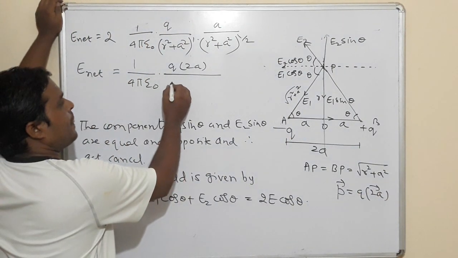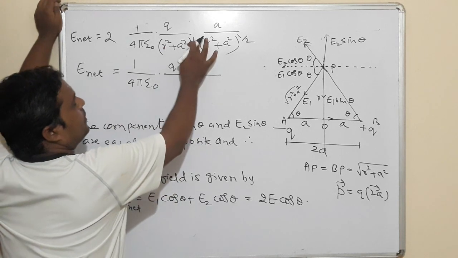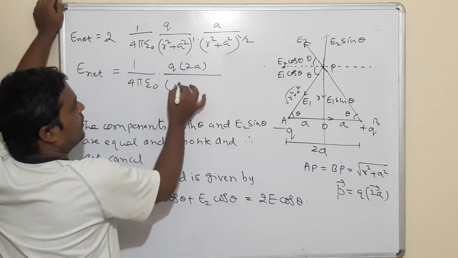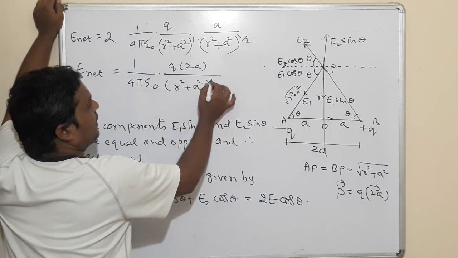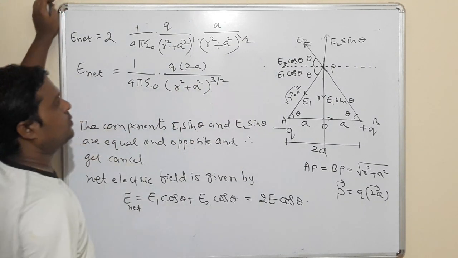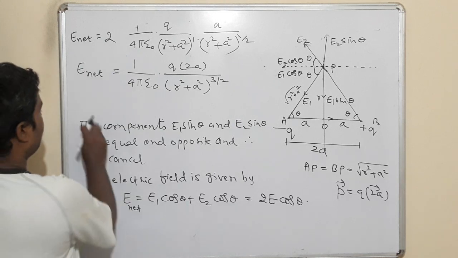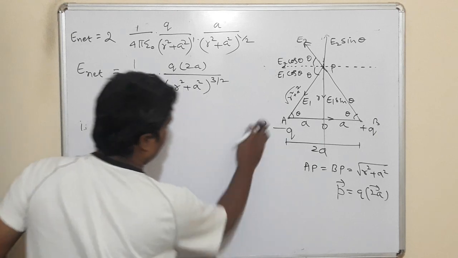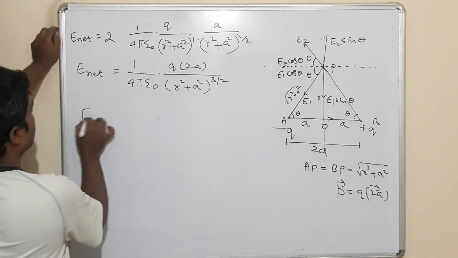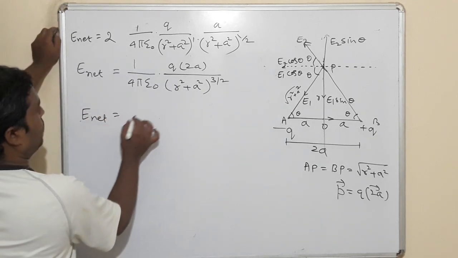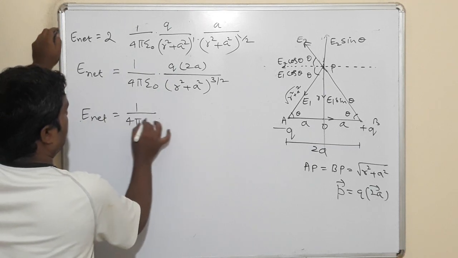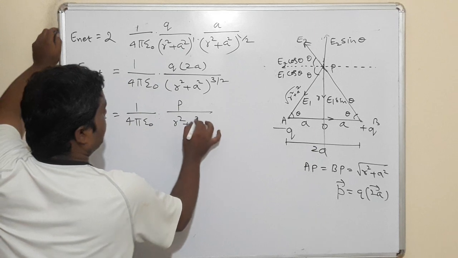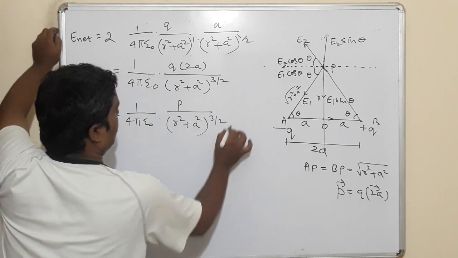Then this will be r square plus a square raised to 1, times r square plus a square raised to half, so it will be r square plus a square raised to 3 by 2. Replacing 2a into q with P, E net will be equal to 1 by 4 pi epsilon naught, P divided by r square plus a square raised to 3 by 2.